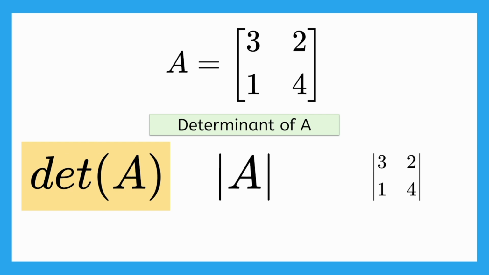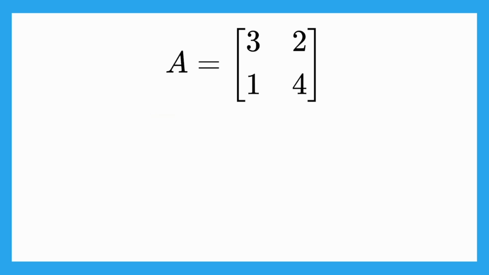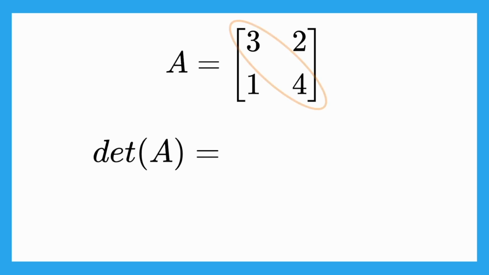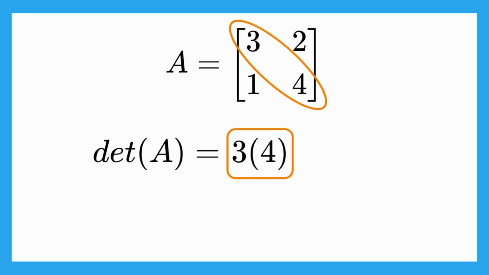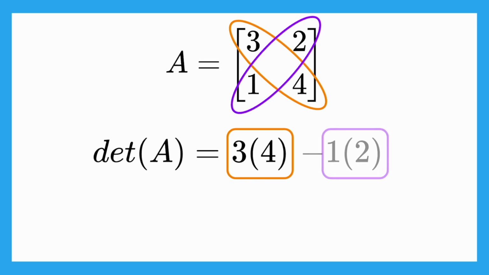Now that we know some of the basics, let's find out how a determinant is actually calculated. Let's use matrix A again. To calculate the determinant of A, we take the product of these two elements, 3 times 4, and subtract the product of these two elements, 2 times 1. The difference between these products is the determinant.